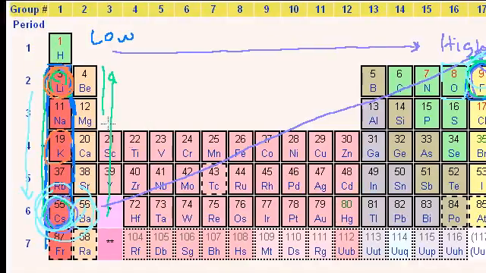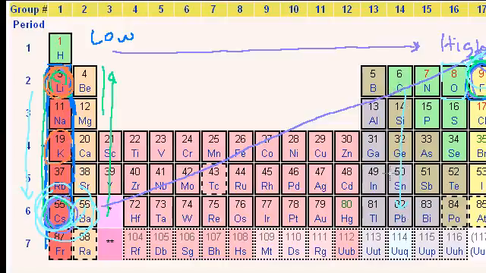And if you were to say within a group, the trend, I did the diagonal, but that's in general true, is that the further you go down a group, the size of the atom is increasing, and the outer electrons are further from the nucleus. So the Coulomb force is going to be weaker. So you're more likely to give away electrons.